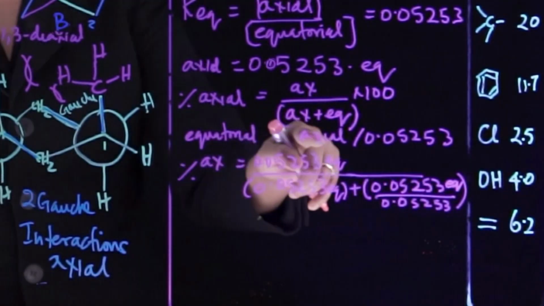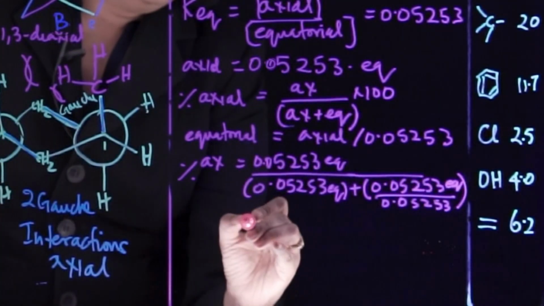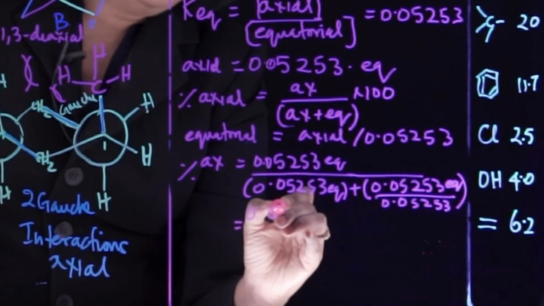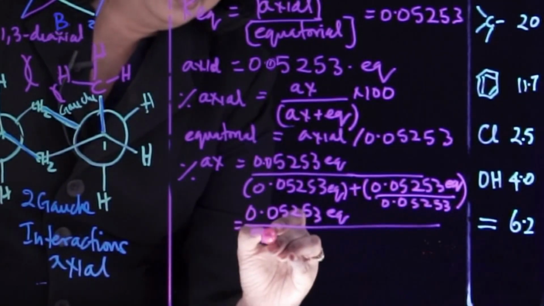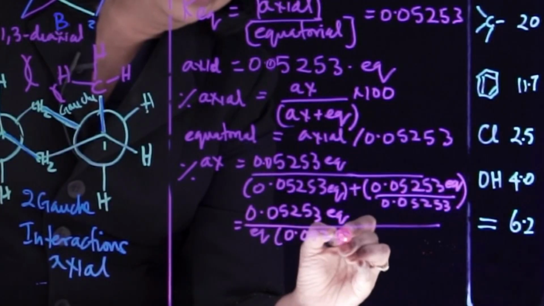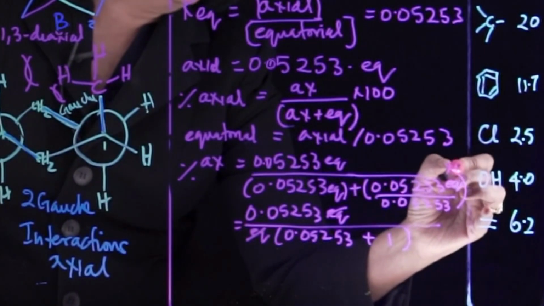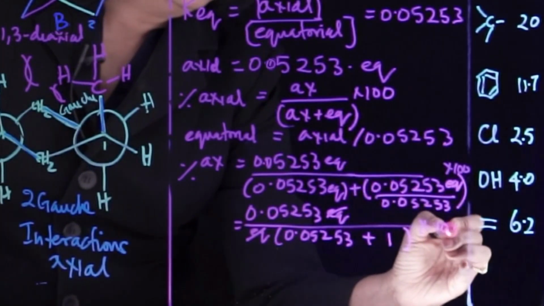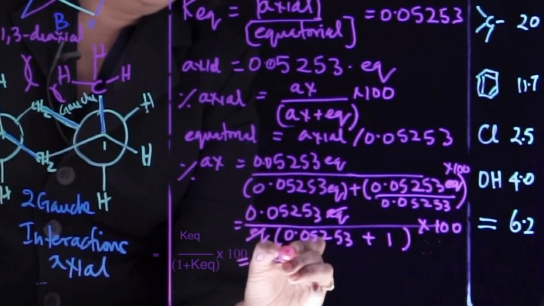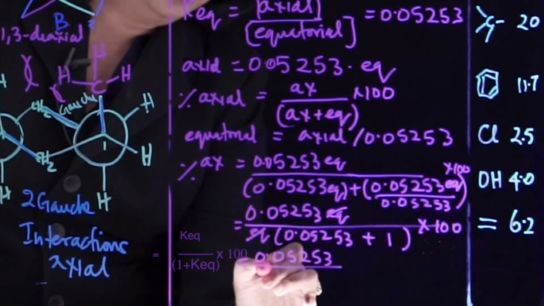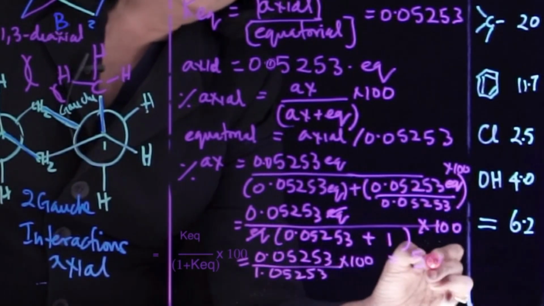Okay, so you're substituting this for axial here. If you take the equatorial out, it's going to be 0.05253 plus 1, times 100 because it's a percentage. So that's going to be 0.05253 divided by 1.05253 times 100, which is 5%.